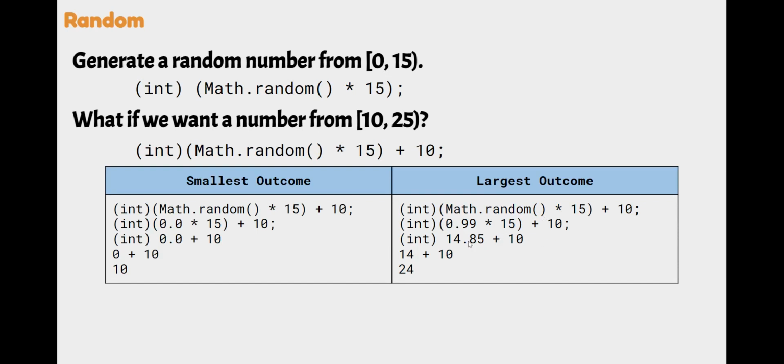Multiplying that by 15 gives us our 14.85. Casting that as an int, that turns to a 14 plus our 10 that's been hanging out this whole time gives us a largest value of 24. Now we are generating numbers from 10 to 24 inclusive, which fits in the range that we said earlier, from 10 up to but not including 25.